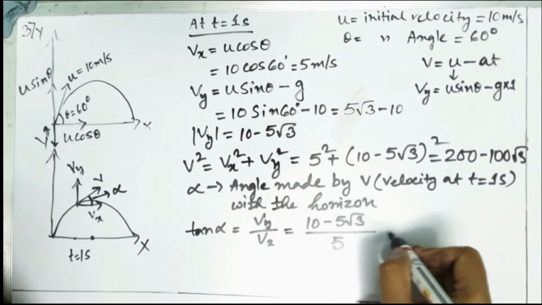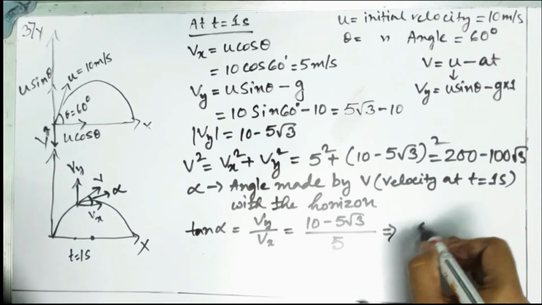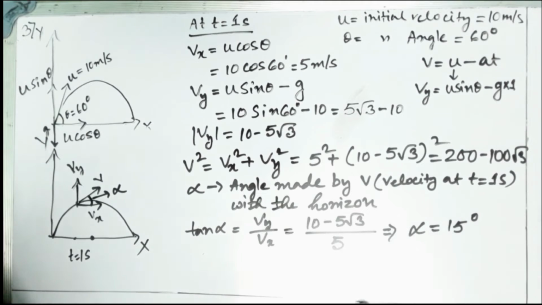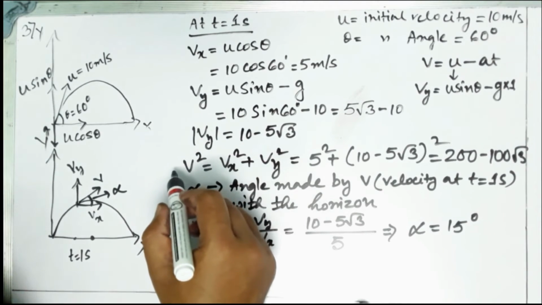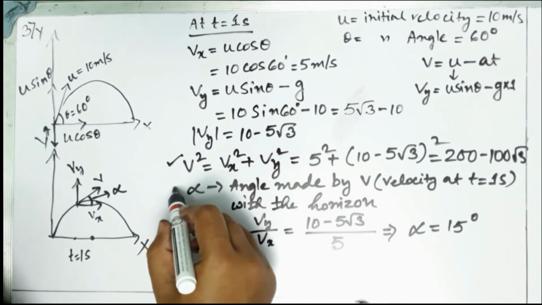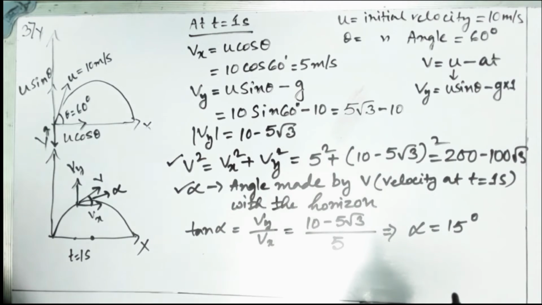From here we get the value of alpha as nearly 15 degree. So we calculated the velocity at t equal to 1 second and the angle made by the velocity at t equal to 1 second.